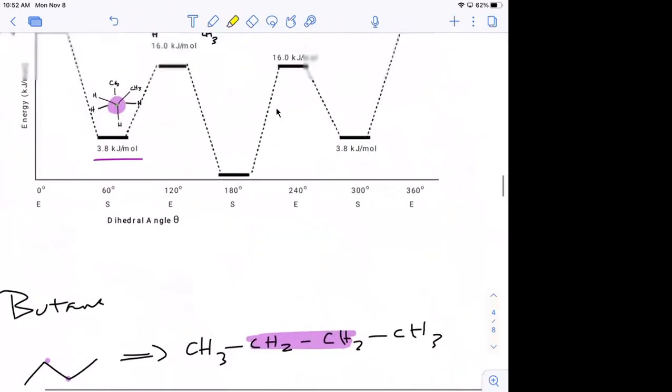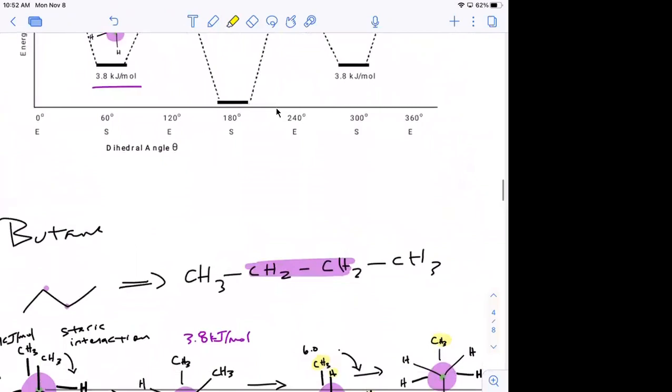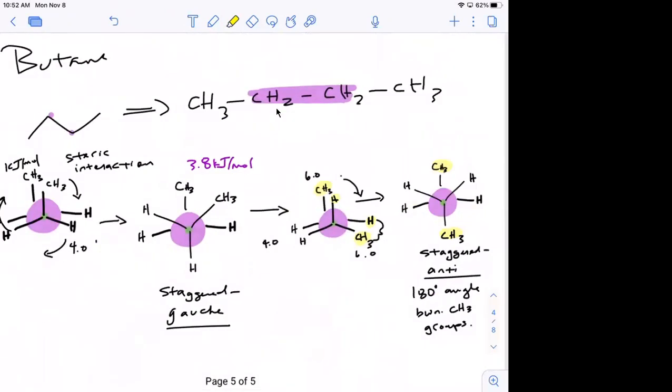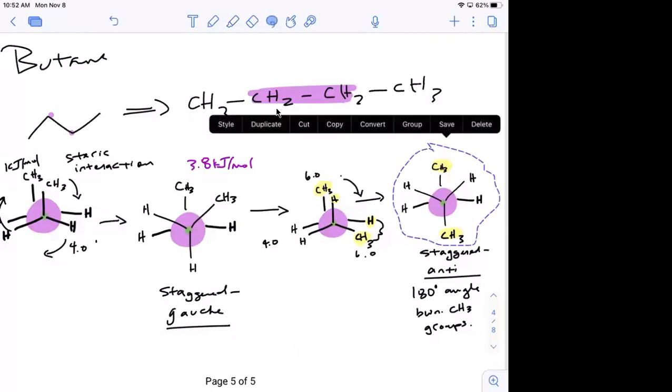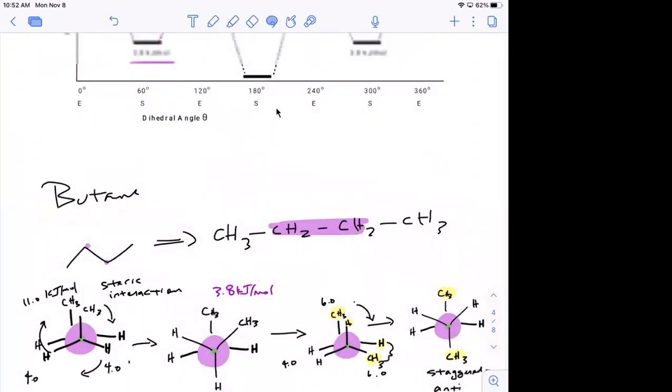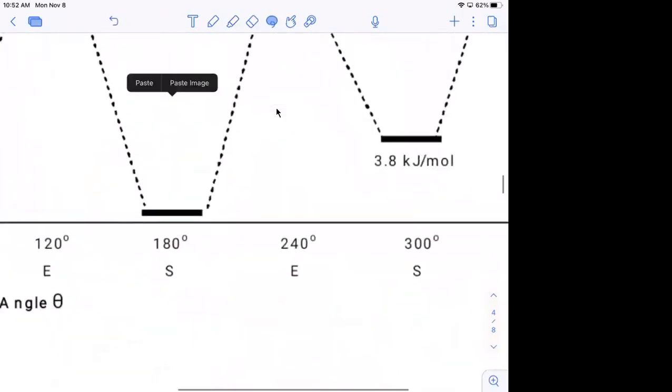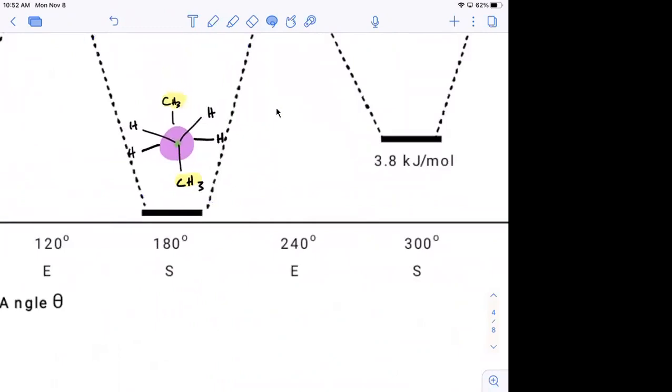That's the one that's here in the well with an energy of relatively zero. Put that there. This is the anti conformation.